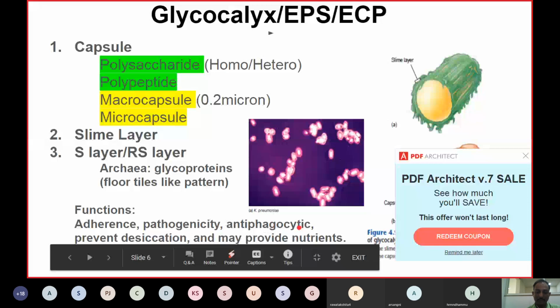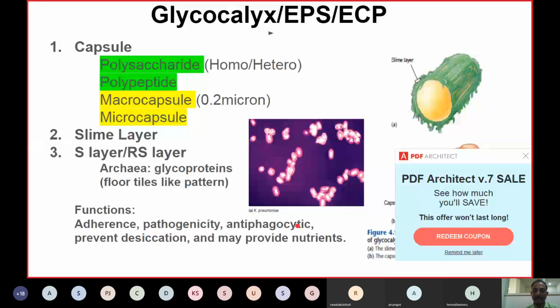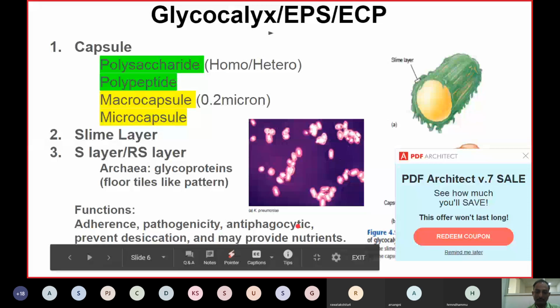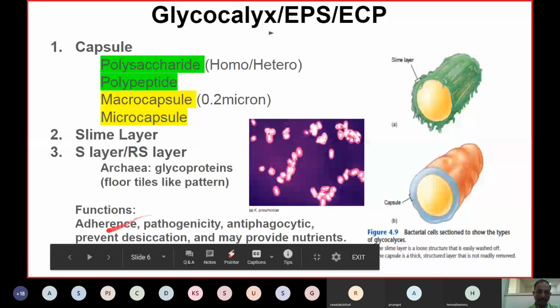It means the bacteria which is capsulated is not engulfed by macrophages. Macrophages, which are part of our immune response, cannot phagocytize the bacteria containing capsules. It also helps prevent desiccation and provides nutrients to the bacteria.